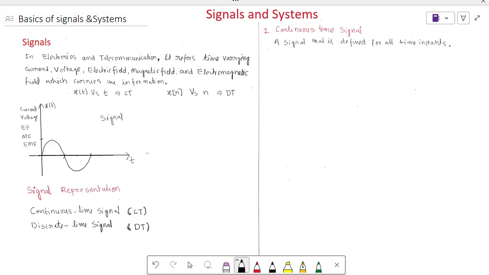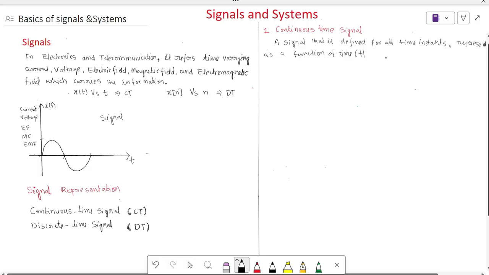It is represented as a function of time. Here also it is a function x of t.